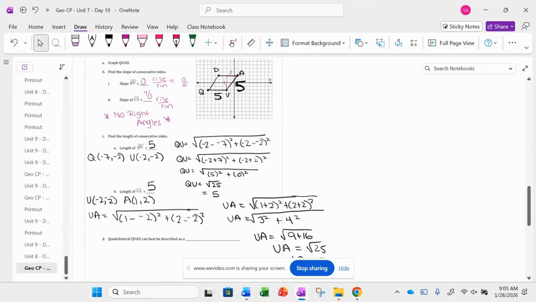So once you finish and find both lengths, let's talk about it.